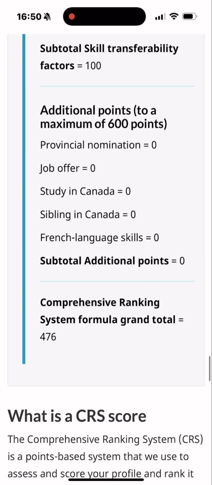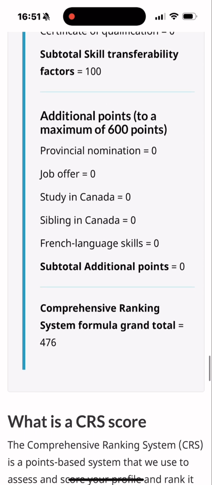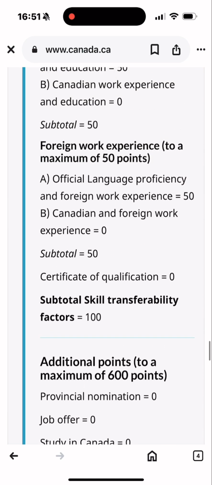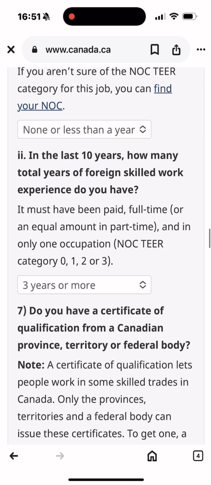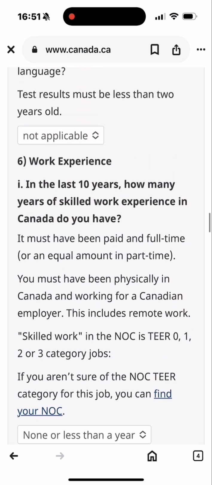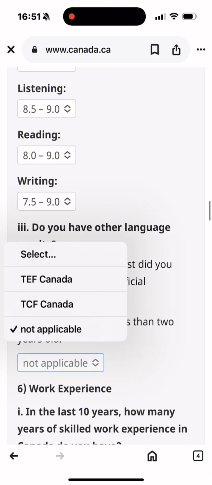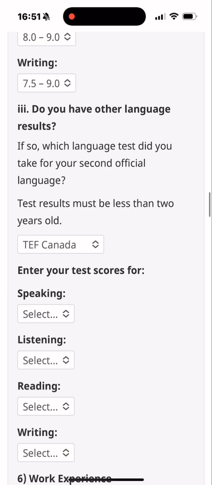You can also improve your score if, for example, you decide to take the second language test, which is French, either TEF or TCF Canada. In this case, I will simulate taking the TEF Canada, and we'll see the impact on the score. The first question is, do you have other language? I'll put TEF Canada.